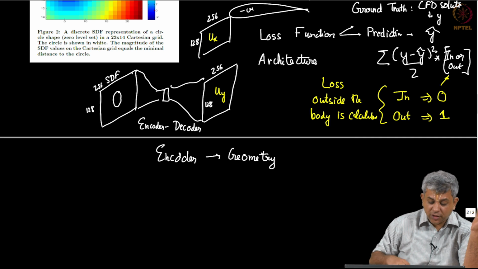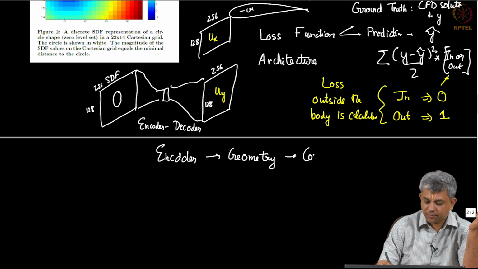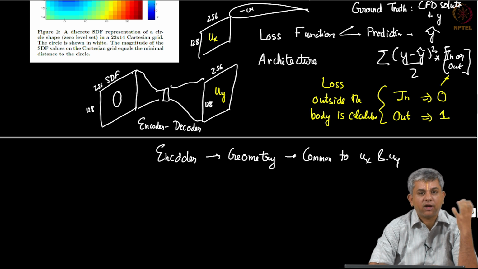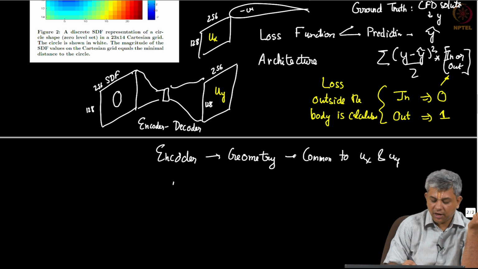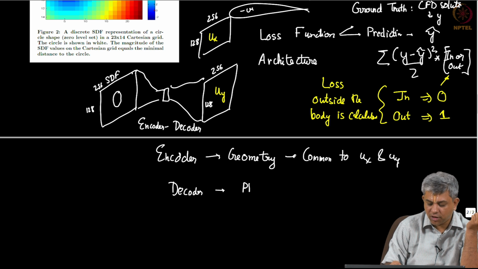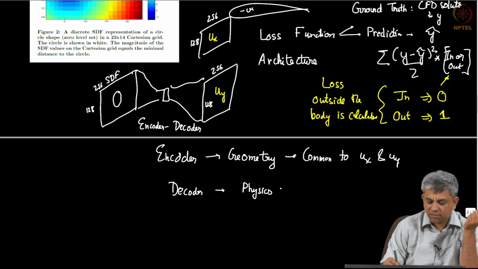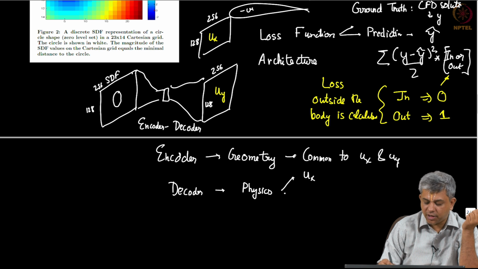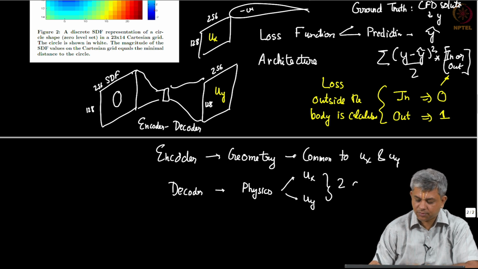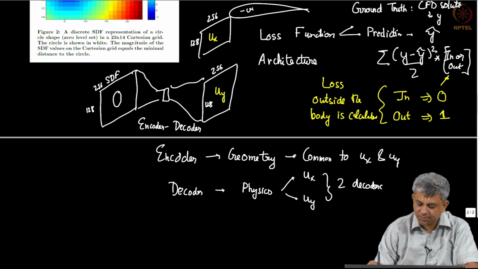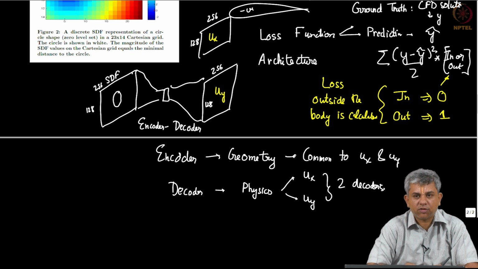Therefore, this can be common, because it only pertains to the geometry and not to the particular velocity field, and the decoder actually tries to incorporate physics, and then you can split it into 2, ux and uy, 2 separate decoders are used, and of course, the corresponding loss function.